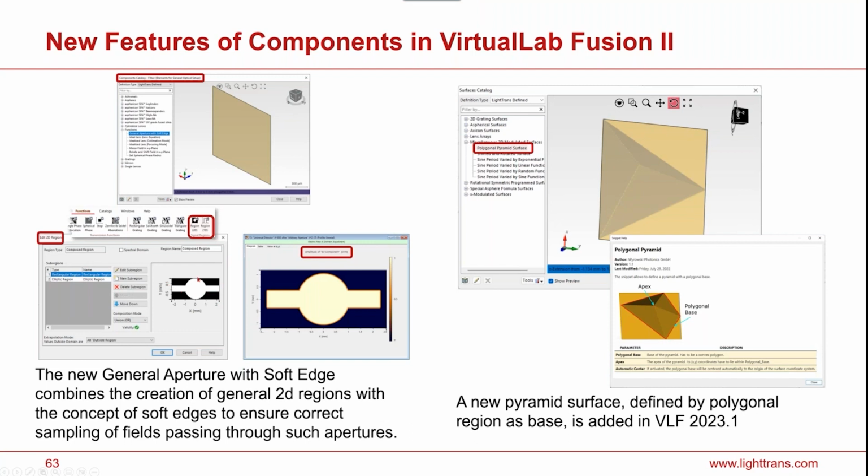This region has a sharp edge, and we now add a soft edge, so that it's possible to do reasonable modeling in physical optics. Then we add another surface, a polynomial pyramid surface, also defined on a region, important for some kinds of grating structures and other nanostructures.